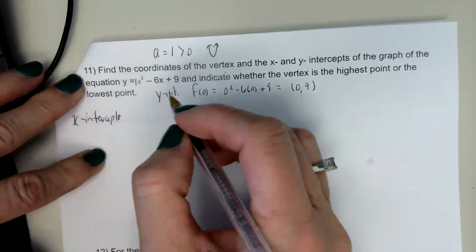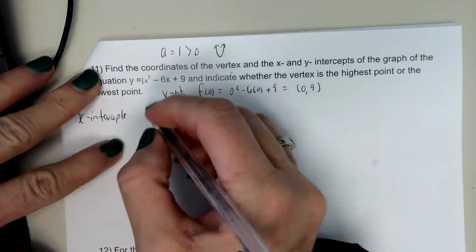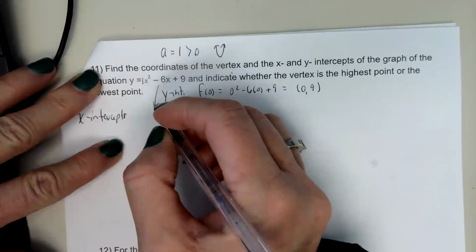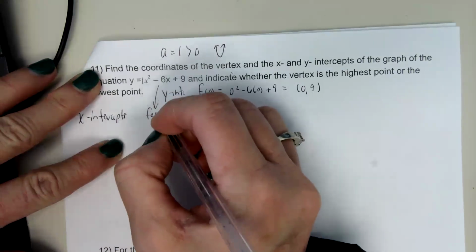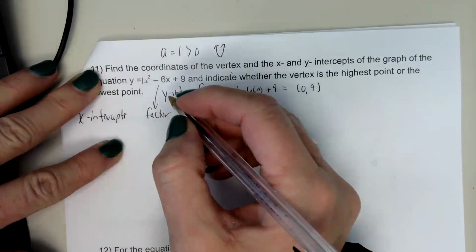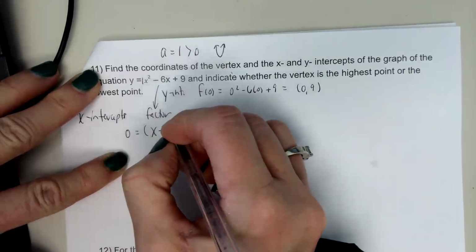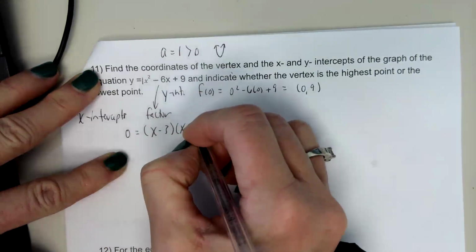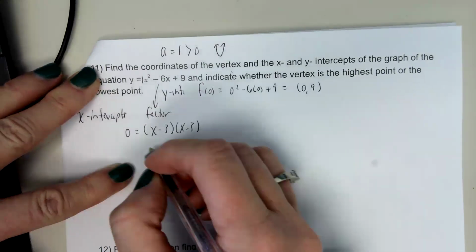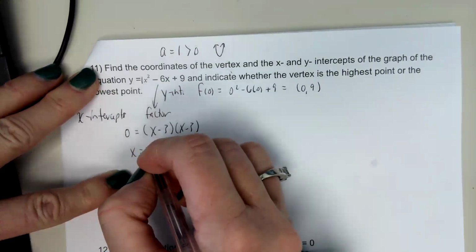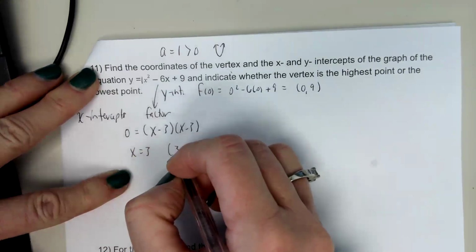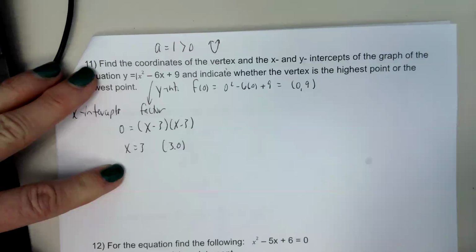If not, use the quadratic equation. So I'm going to factor, and it factors into 0 equals x minus 3 times x minus 3. So that keeps that easy. So x just equals 3. So I have an x-intercept at (3, 0).